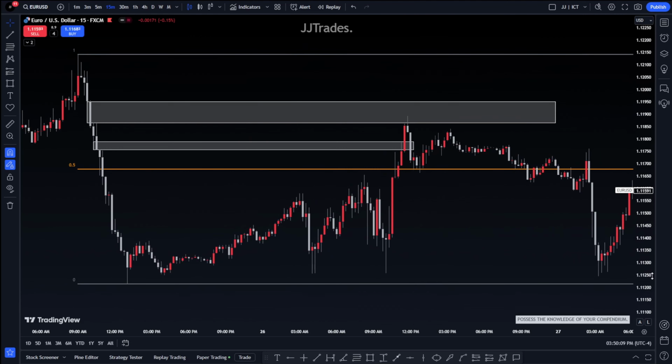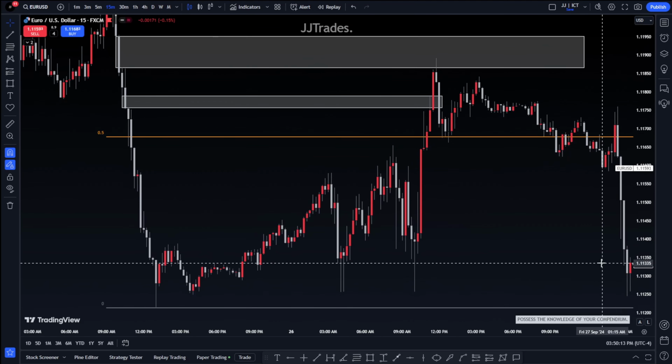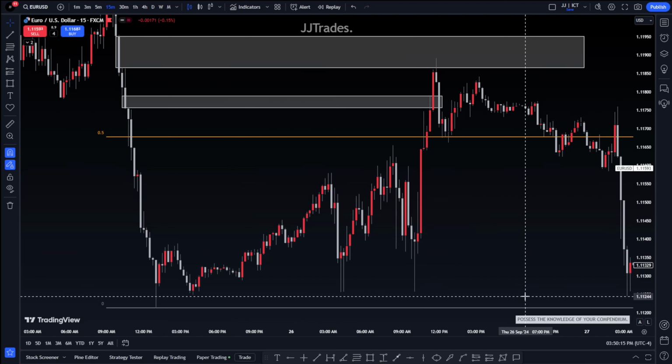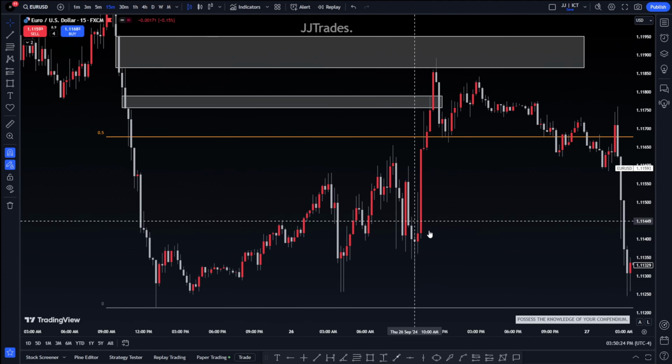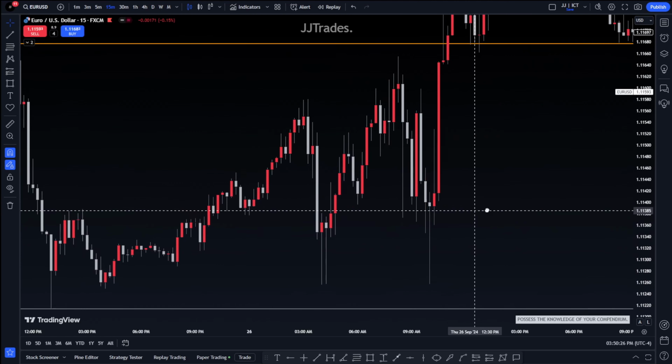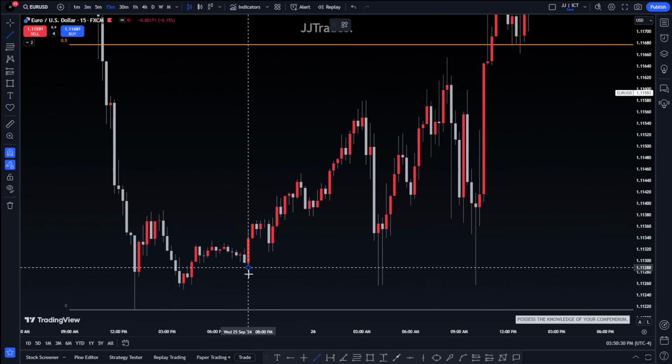We're in a deep discount, so our trade or our example will be down here. If we're in a discount, we want to see a bullish inversion fair value gap form to take price back higher into these fair value gaps. Let's look right here. See how price comes out and takes out this short-term low?